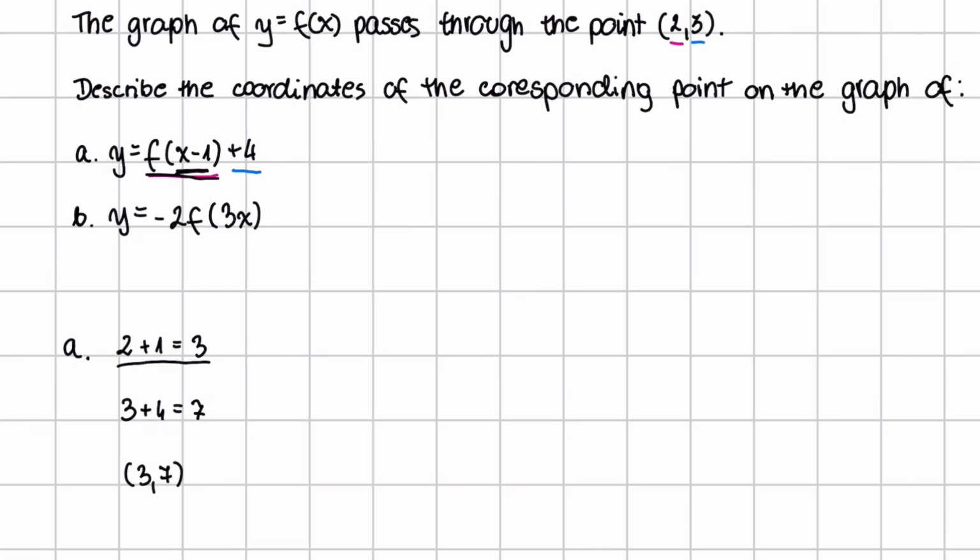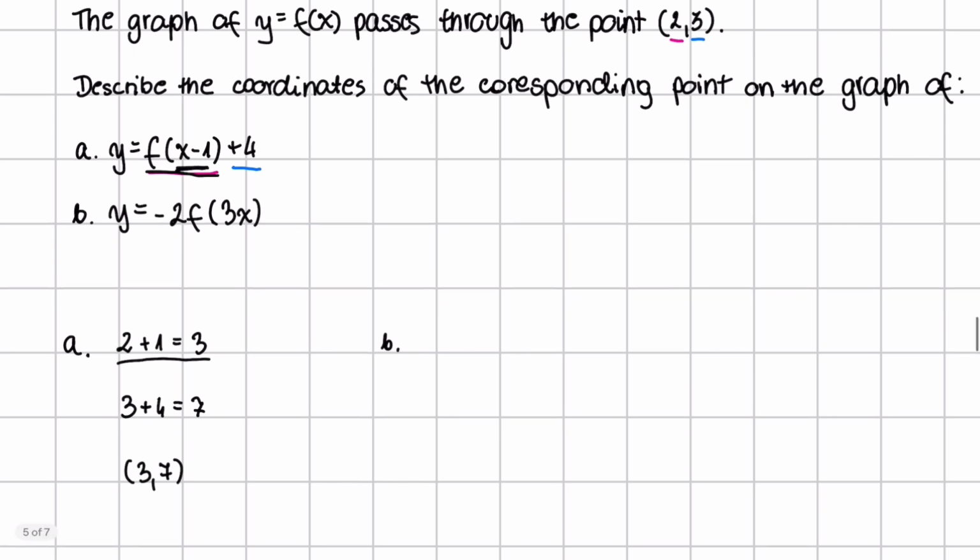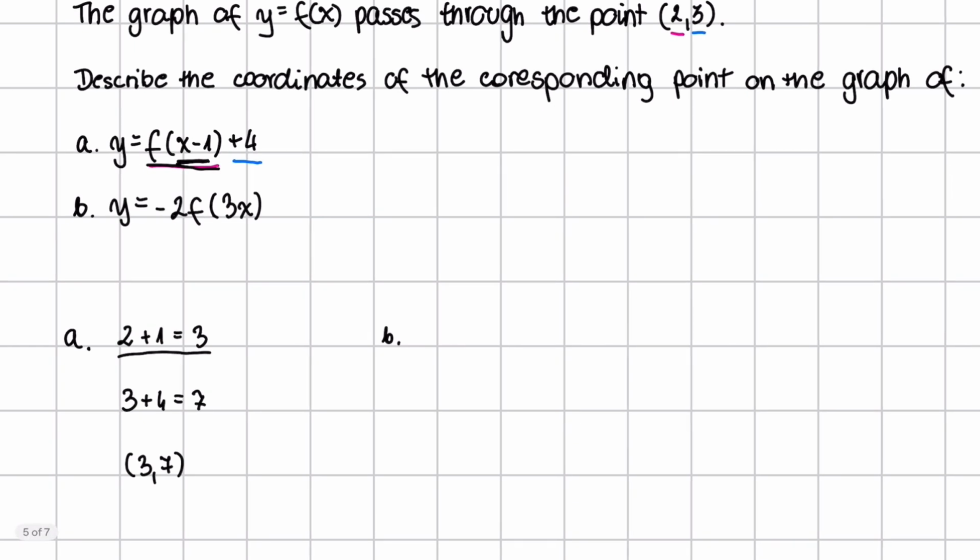In B, we have something different, because in A we had horizontal shift and vertical shift, and now we have something called compression and reflection. Firstly we work with x, so here we have 3x.